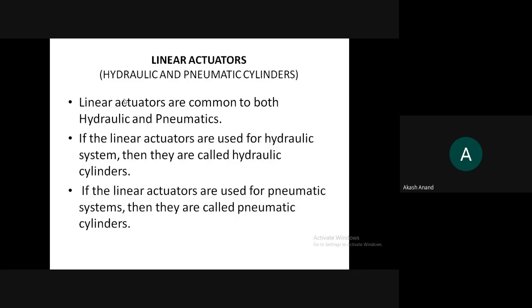If the linear actuators are used for a hydraulic system, they are called hydraulic cylinders. And if they are used for a pneumatic system, they are called pneumatic cylinders. I already explained it.